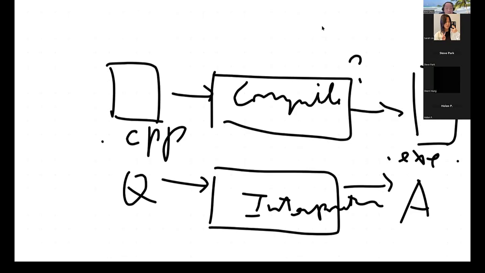Let me ask Helen, why is it so important to do language translation? So like it can be run on every device, not just one specific. Beyond that, that's the old days' purpose. Compilation, interpretation, these are old days.